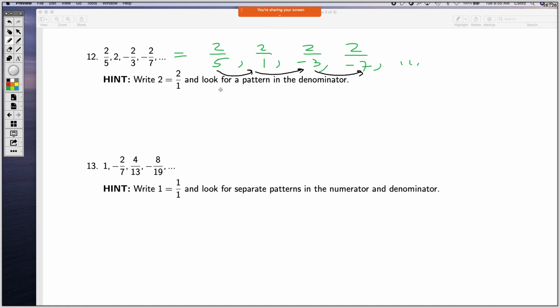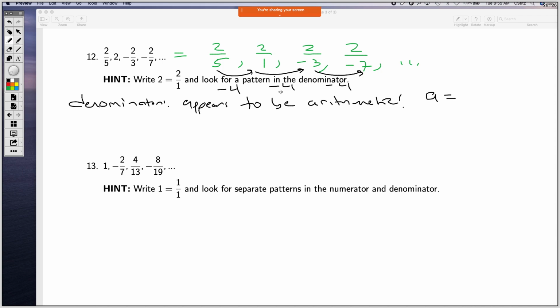So it appears I'm always subtracting 4 each time. And so the denominator appears to be arithmetic, with the first term being 5 and the common difference being -4.